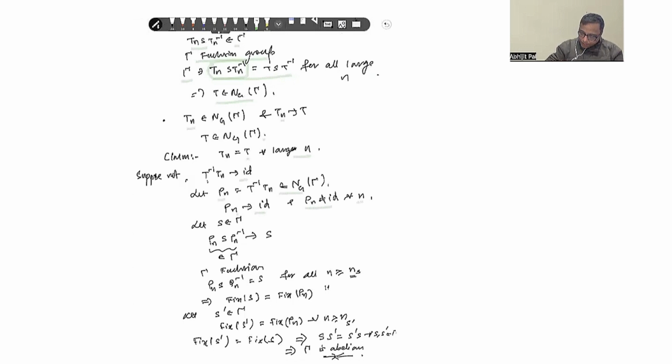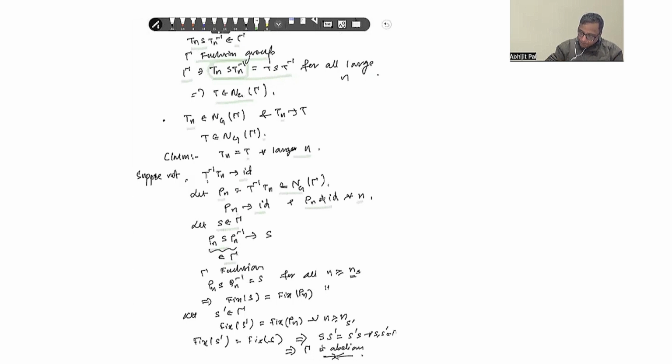Now let us take any element S belongs to gamma. Pn belongs to the normalizer, so Pn S Pn inverse again belongs to gamma.